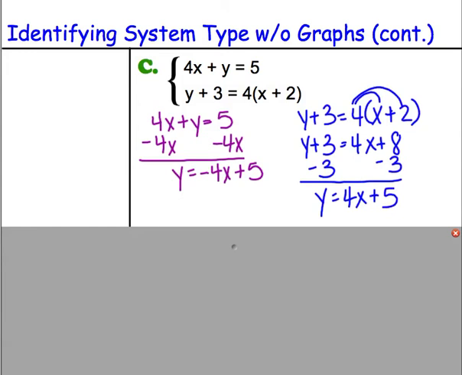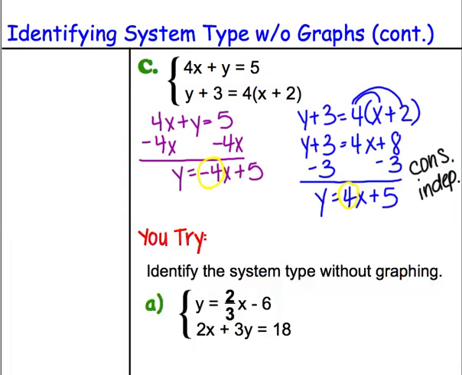Now, they look pretty close to the same, but this one is a positive 4 and this one is a negative 4, which means that they do not have the same slope. So these are going to be consistent and independent because they have exactly one point of intersection since their slopes are different.